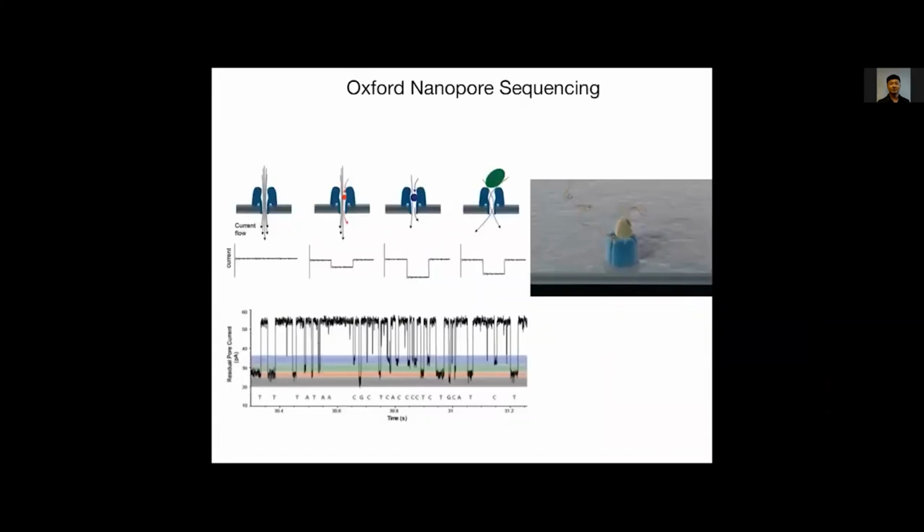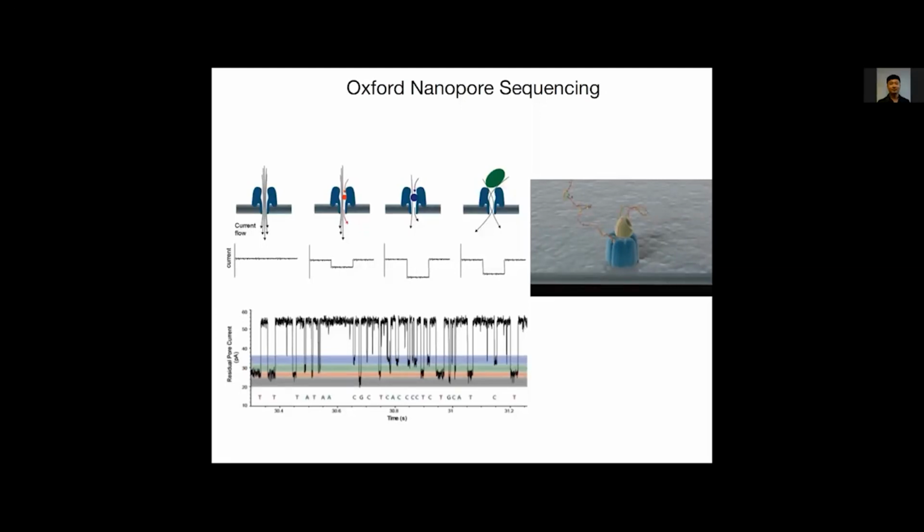One solution is a new methodology called Oxford Nanopore sequencing, in which a single molecule nucleic acid strand is pumped through a pore, and as the nucleic acid goes through the pore, the current changes, and you can interpret the sequence from the current changes.